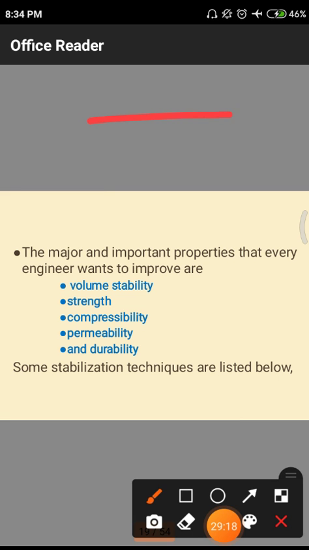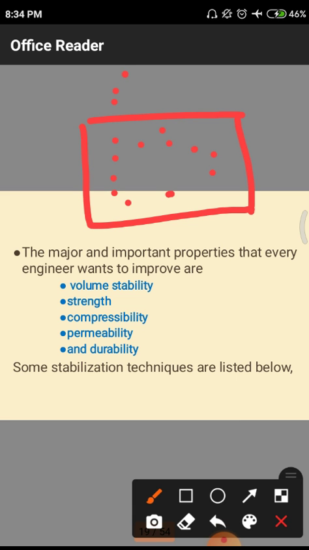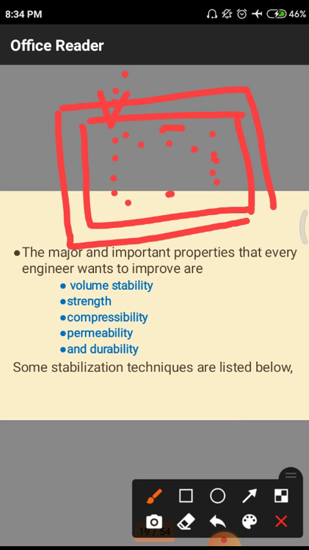Volume stability. Normally the soil has a particular volume. If there is an increment of water, that is, if we add some quantity of water, the volume may change, so we need to restrict the change in volume.